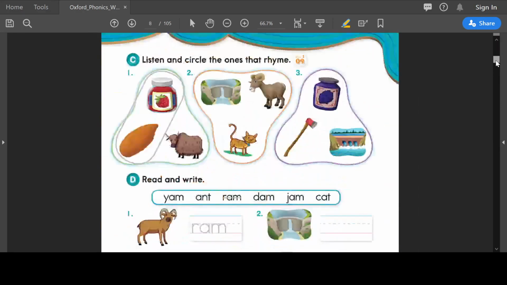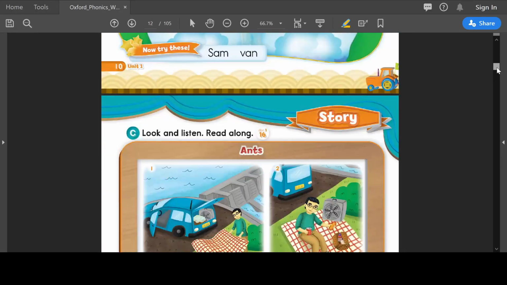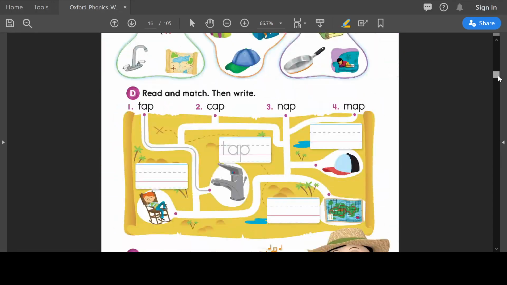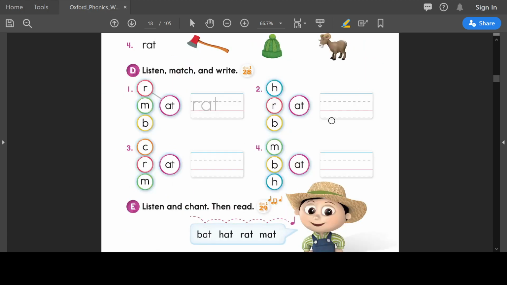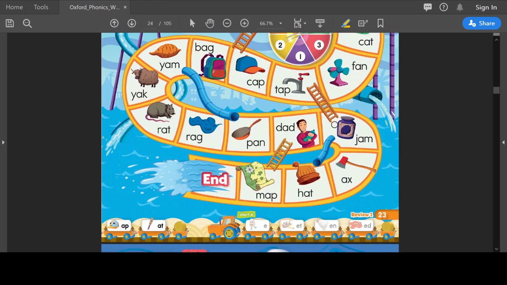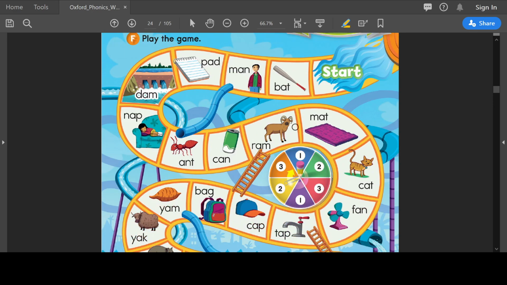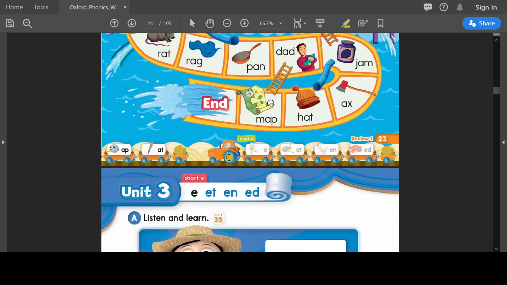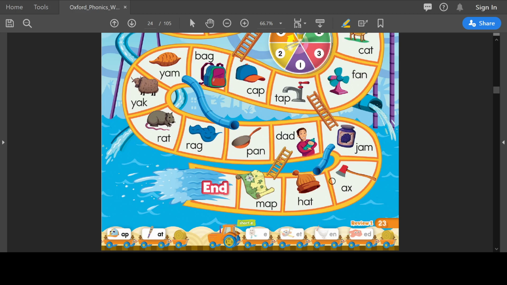There's one more thing we need to teach when we finish a unit here. At the end of each unit, there is this game right before the next unit.